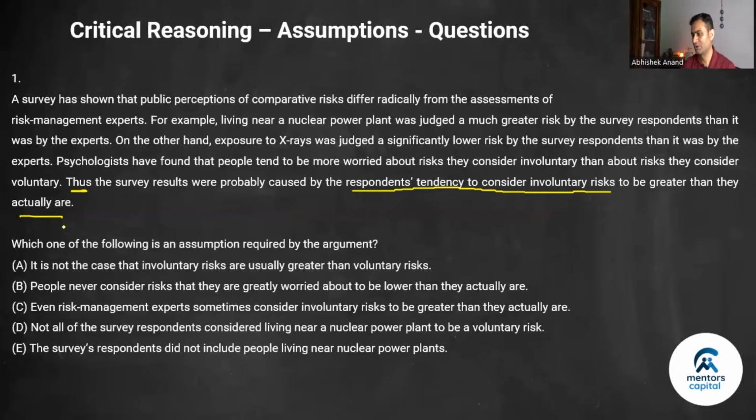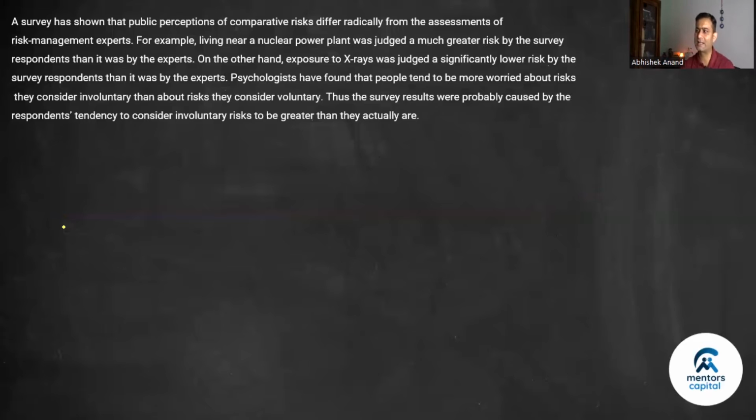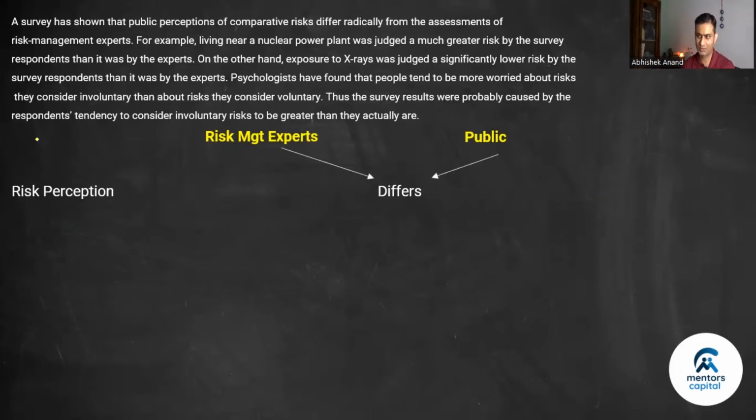What is that assumption? So first of all, let us deconstruct the argument given to us. There are two parties given to us, which is risk management experts and public perception. The risk perception of these two parties differs. That is what has been given in the paragraph.